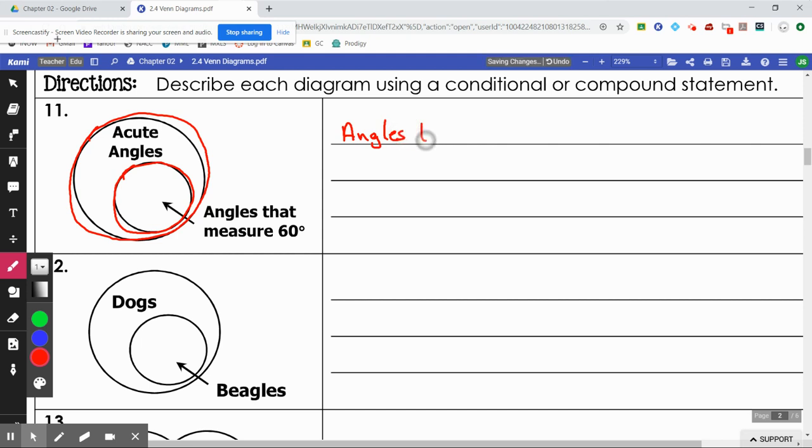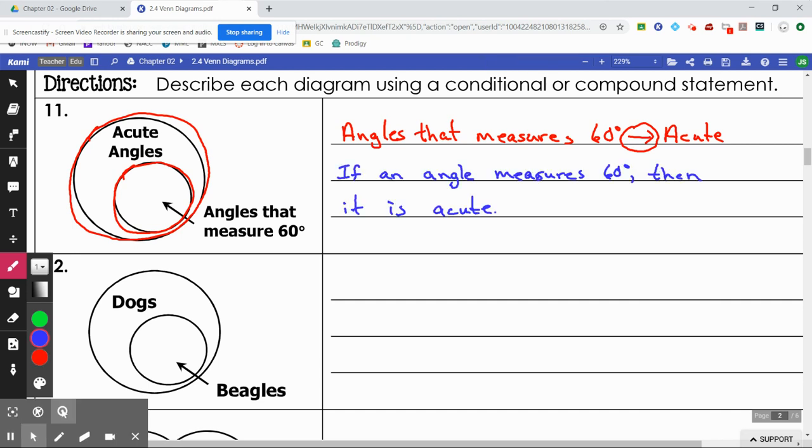So if an angle measures 60 degrees, that implies that it is acute. Since it's an implication, we can write it as an if-then statement, and that's probably a better way of doing it, and that's what I've done here. If an angle measures 60 degrees, then it is an acute angle.